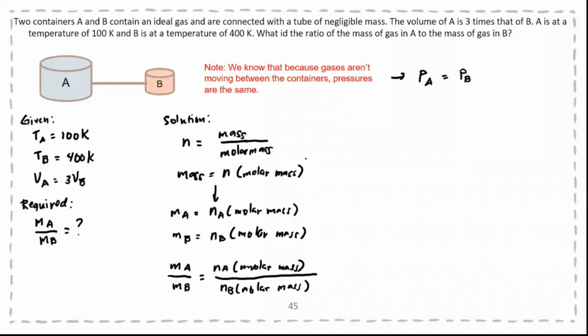Of course, this is the molar mass of A and the molar mass of B. Since they are the same gas, containers A and B contain the same ideal gas, their molar masses are the same, so they cancel out. So mass of A over mass of B is just equal to the moles of A over moles of B.